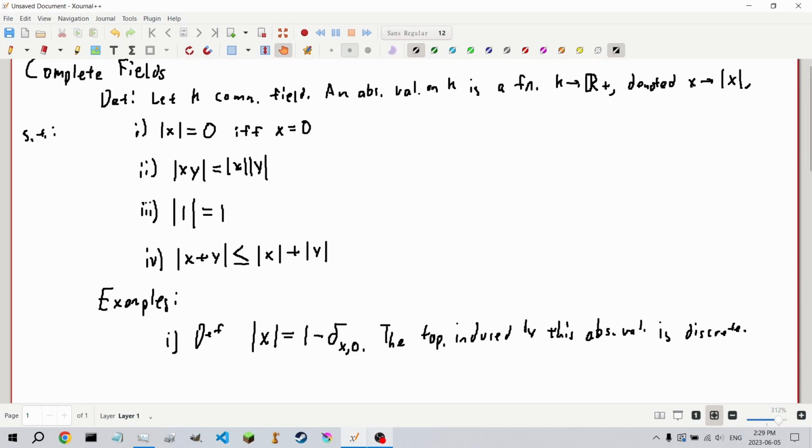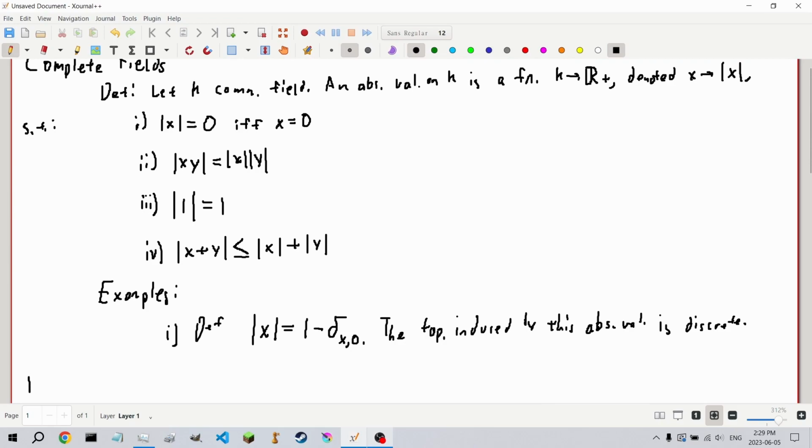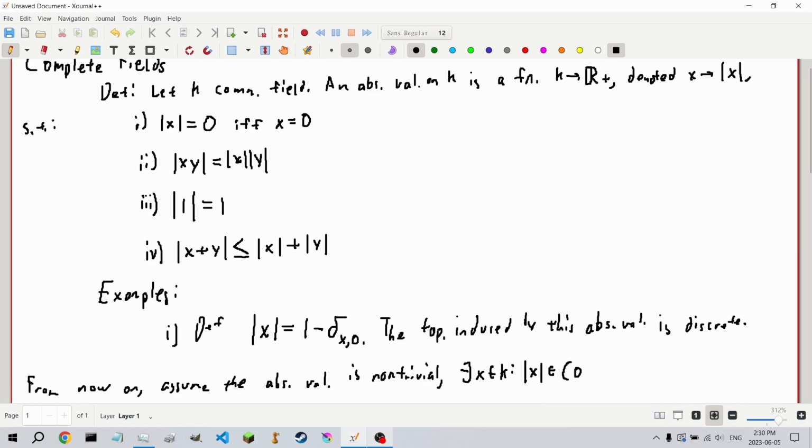From now on we will assume that the absolute value is non-trivial, namely there exists an element k whose absolute value is between 0 and 1, and not 0 or 1.